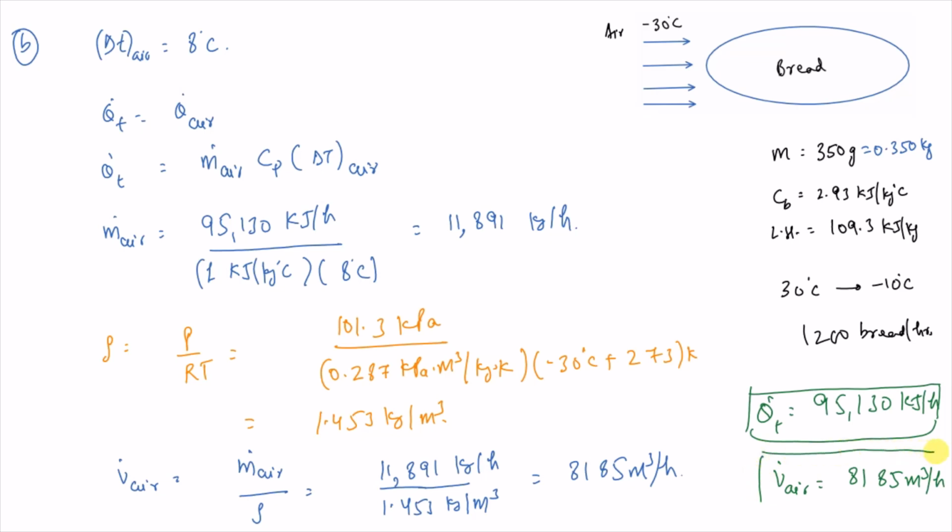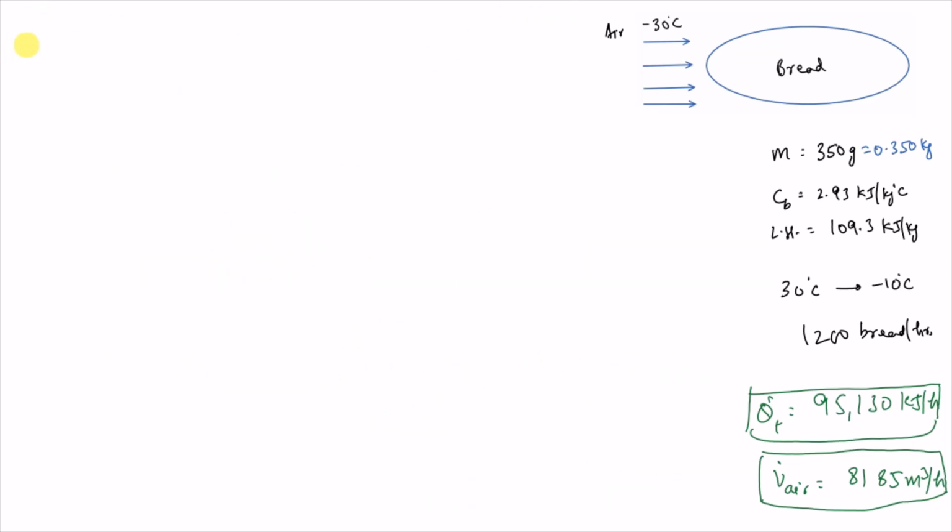Now next we'll be solving the C part, where we have to calculate the size of the compressor of the refrigeration system in kilowatt. That means they are asking for the power input to the refrigeration system, and we are given that the COP of the refrigeration system is 1.2. So in the C part, COP we are given as 1.2.